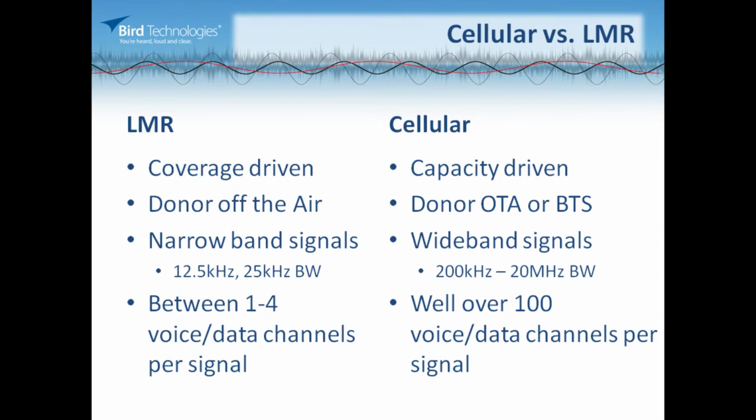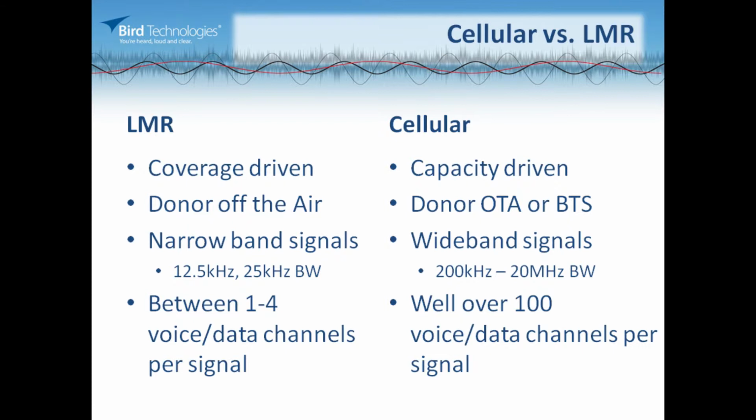And as we saw in the presentation at 11:30, I believe it is, they've added a third C, and that's for criticality. So LMR is very narrow band. You've got 12.5 kilohertz signals. You've got down to 6.25 now, whereas cellular is very wide band.